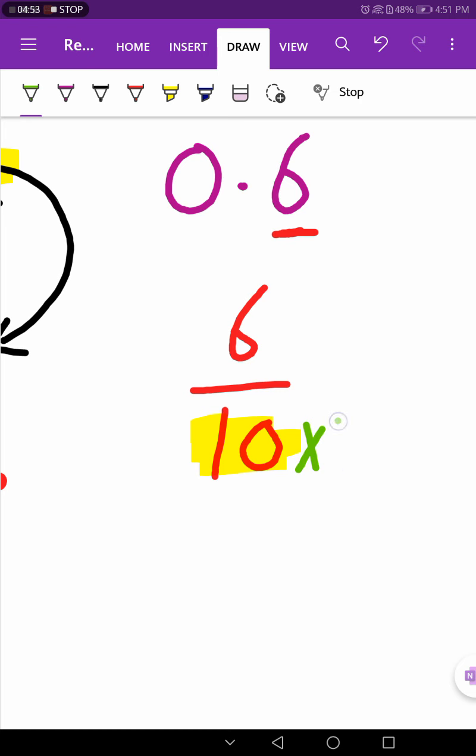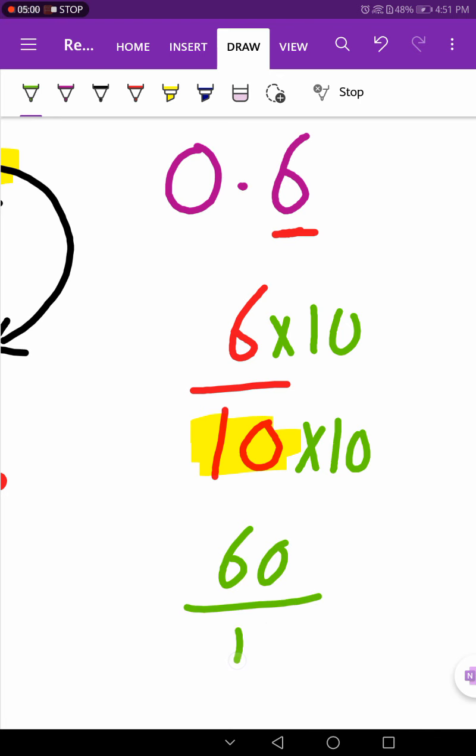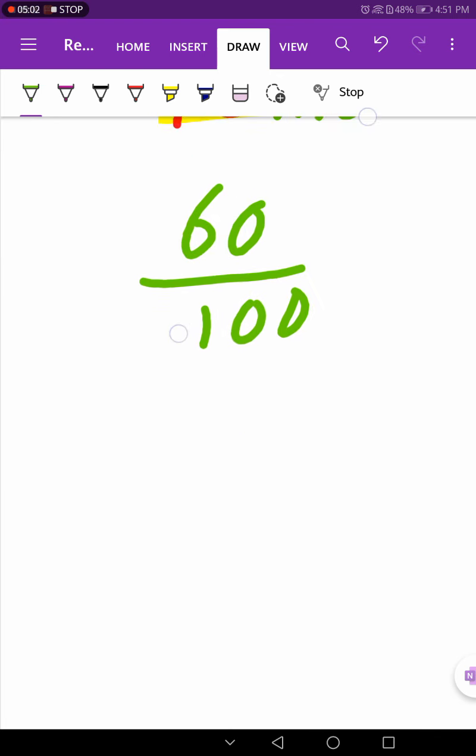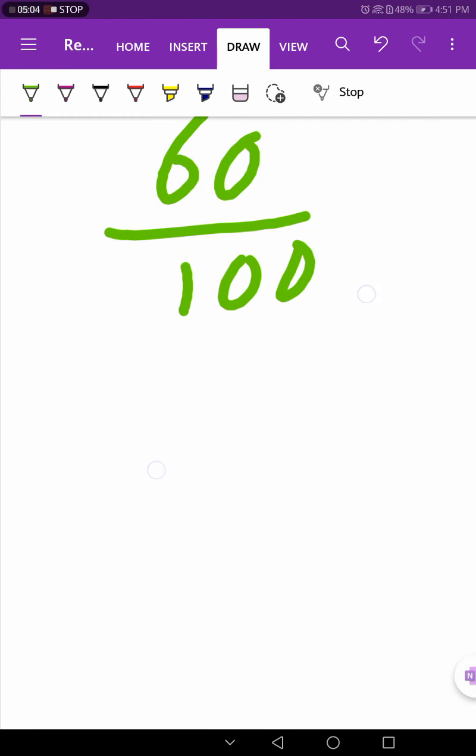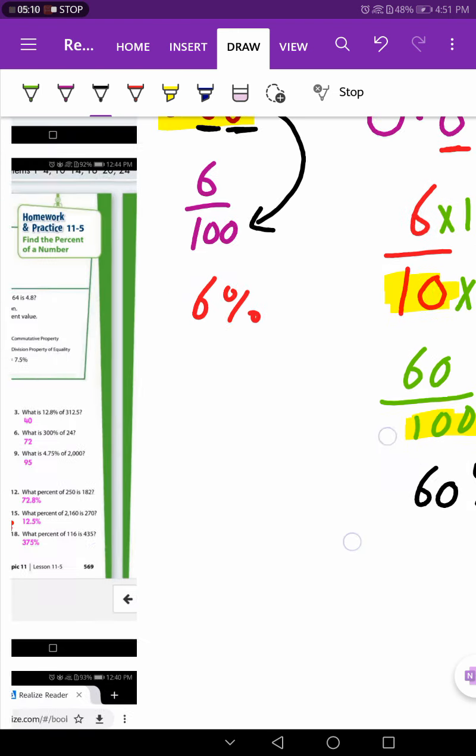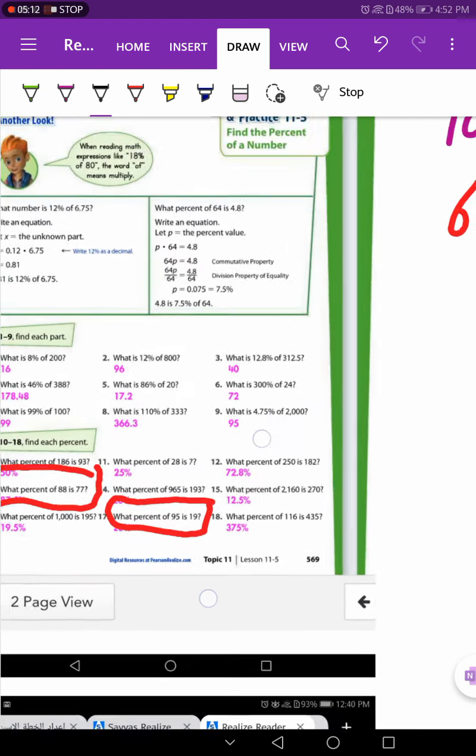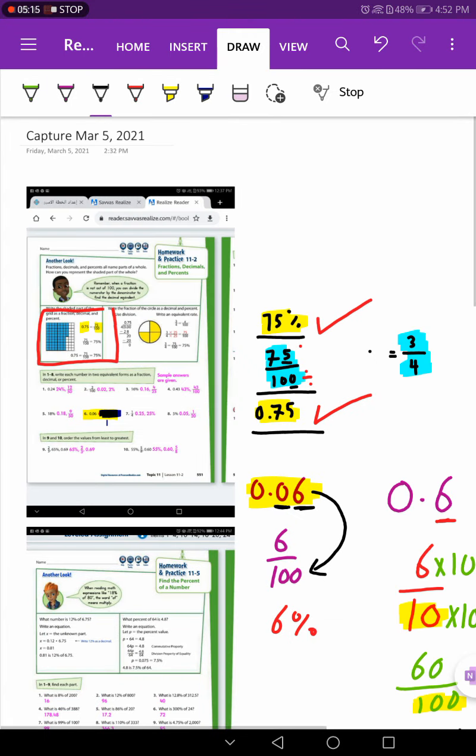So down and up by the same number. It will be 60 over 100. Now I can write it as a percent because I have 100 down. Now it is 60%.